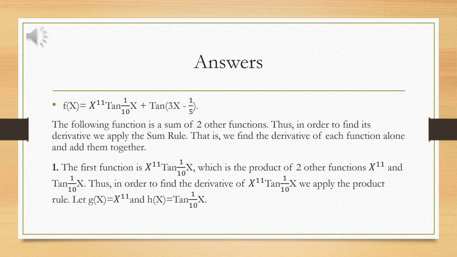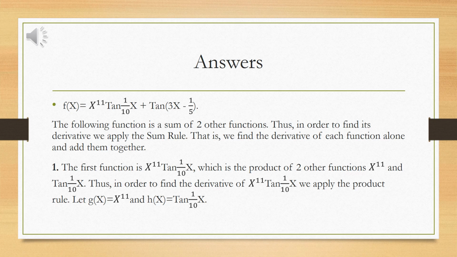The first function is x^11 tan(1/10 x), which is the product of two other functions, x^11 and tan(1/10 x). Thus, in order to find its derivative, we apply the product rule.